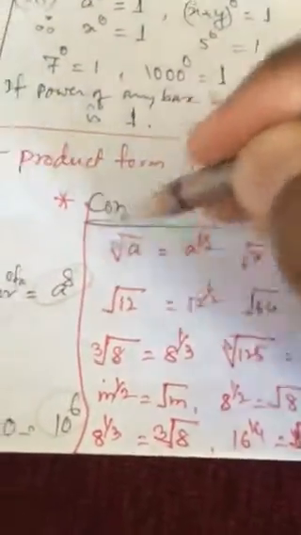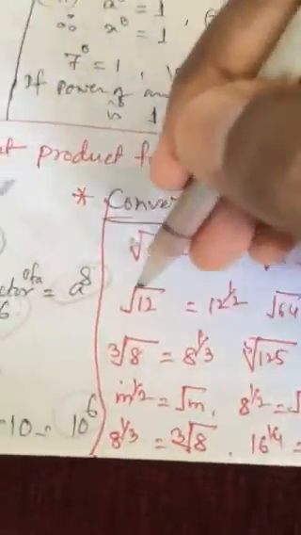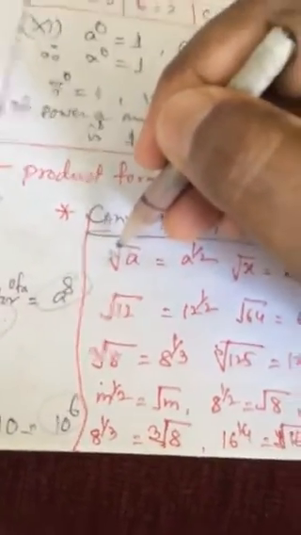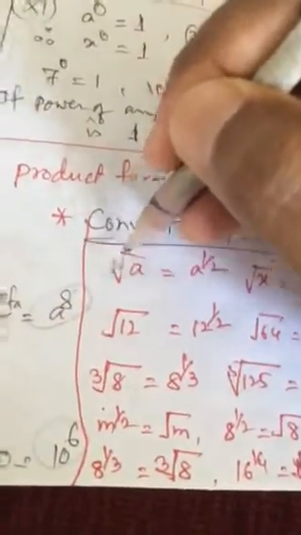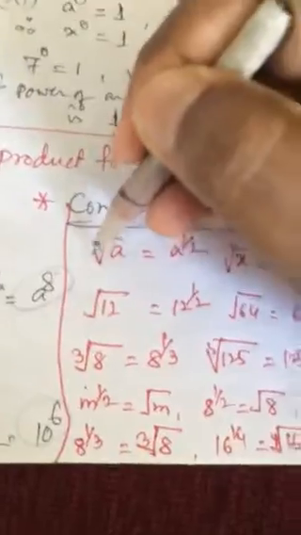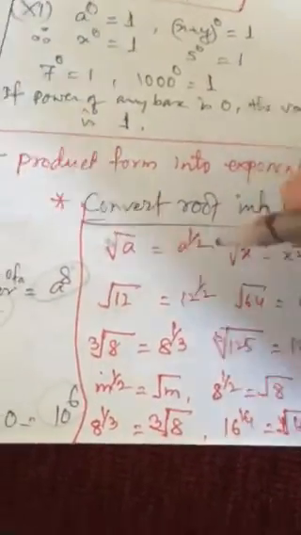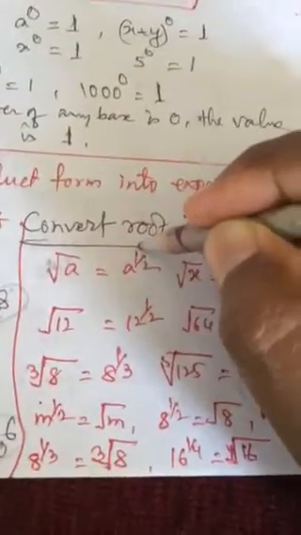If it is square root, we don't write 2, but in case of 3 root, 4 root, 5 root, we must write the number also here. In case of 2 root, we don't write any number. If there is no number, it means it is 2 root only. So square root a can be written a to the power half. Okay, a to the power half, a raised half.